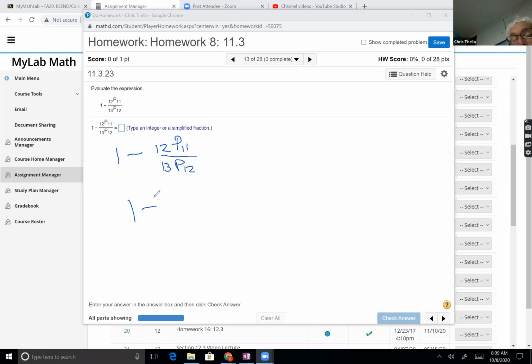And since these are permutations and not combinations, I'm going to take the time to draw it out if you don't mind. 12P11 means 11 numbers starting with 12: 12, 11, 10, 9, 8, 7, 6, 5, 4, 3, 2. I think that's 11 of them. 13P12 is 12 numbers starting with 13.